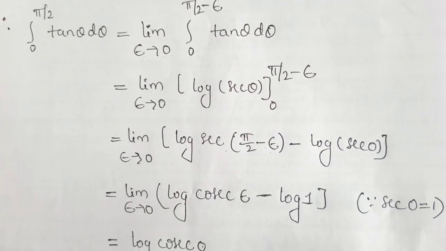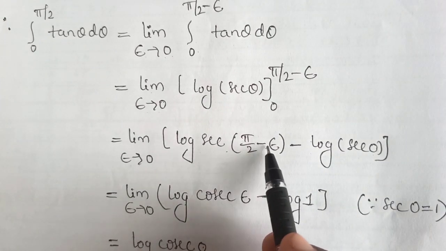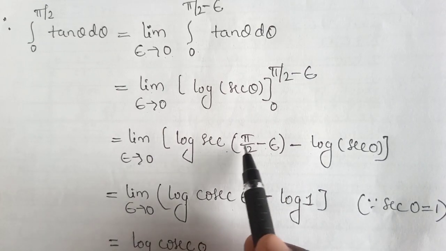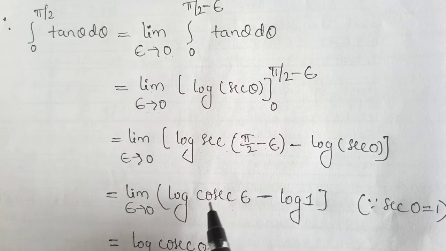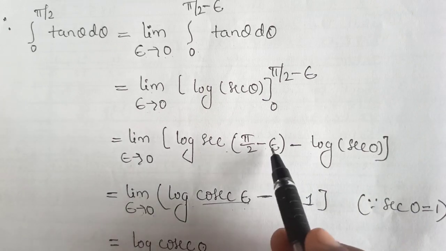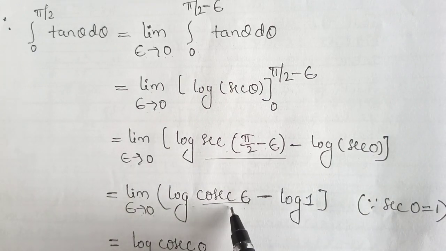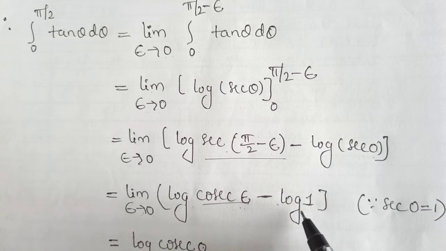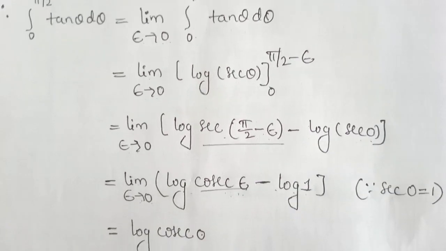We know that sec of pi by 2 minus theta is equal to cosec theta, so sec of pi by 2 minus epsilon is written as cosec epsilon. So limit epsilon tends to 0 of log of cosec epsilon minus log of sec 0, which is 1, therefore log 1.